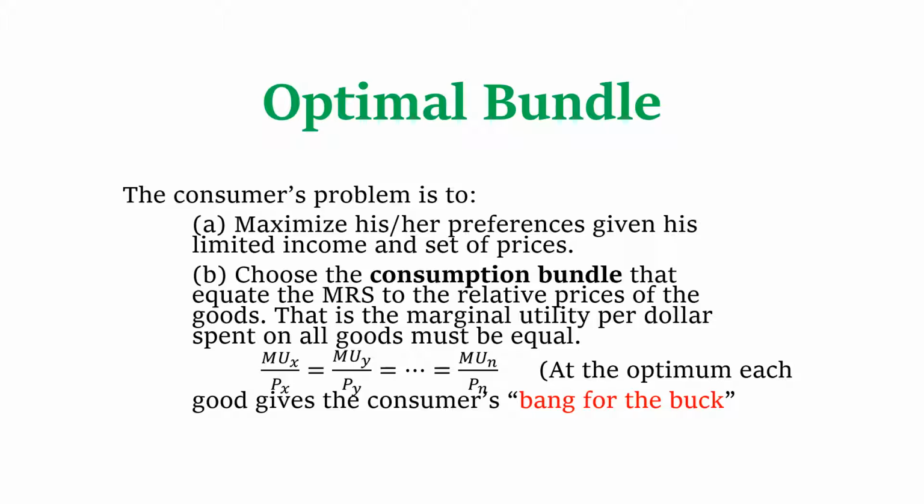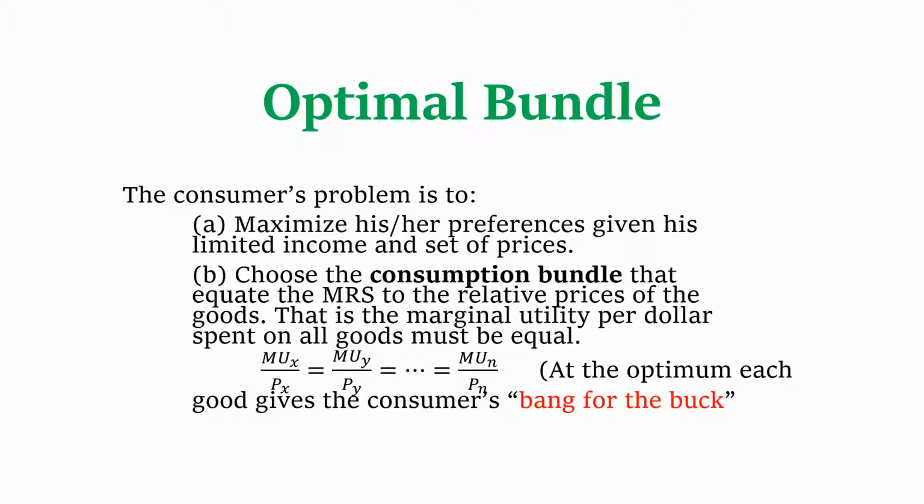Then, the second point I want to make is that the consumer chooses the consumption bundle that equates the marginal rate of substitution to the relative price of the goods. That is to say, the marginal utility per dollar spent on each good must be the same. The marginal rate of substitution is equal to the relative price of the goods.